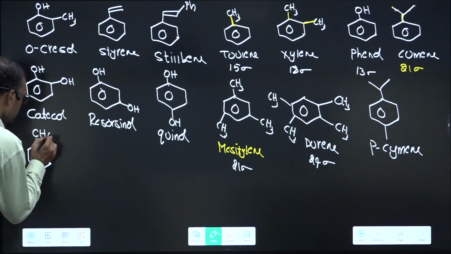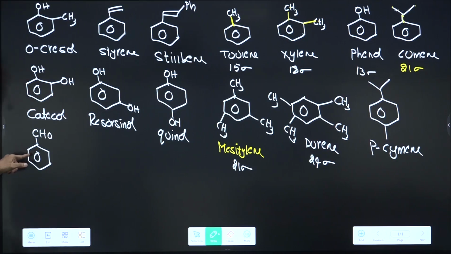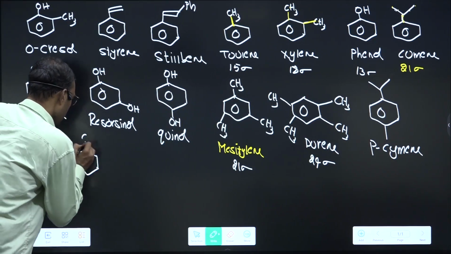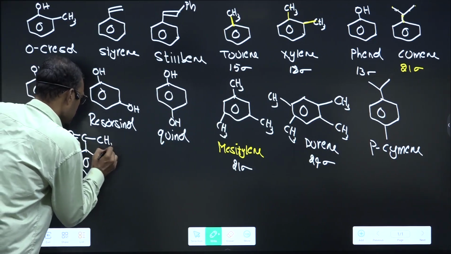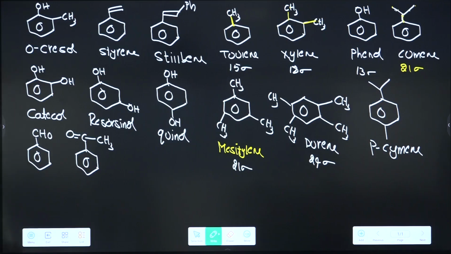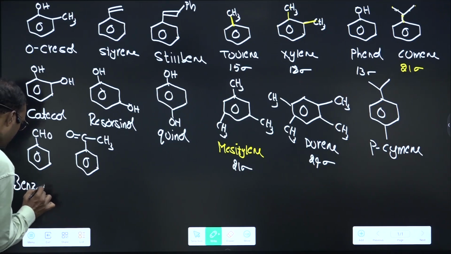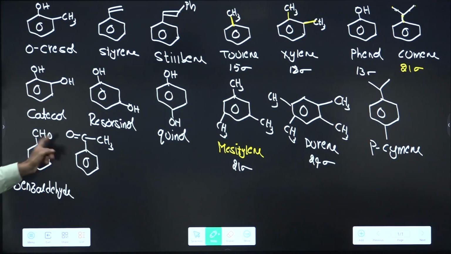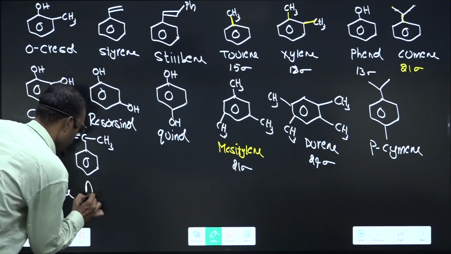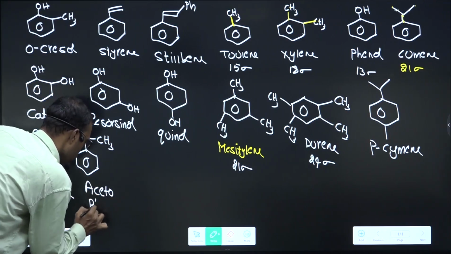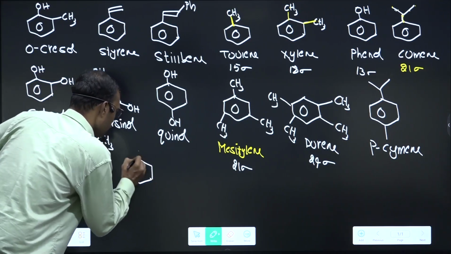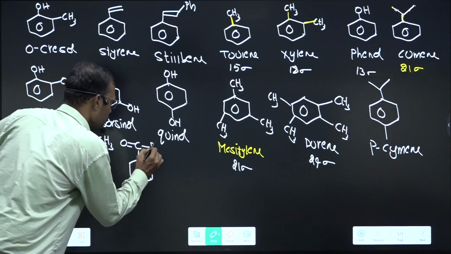Here, what is this? Benzaldehyde. I am not writing the name, benzaldehyde. What is this? What is the name of this molecule? Acetophenone. Suppose if I write one more benzene over there, C double bond O, Ph.